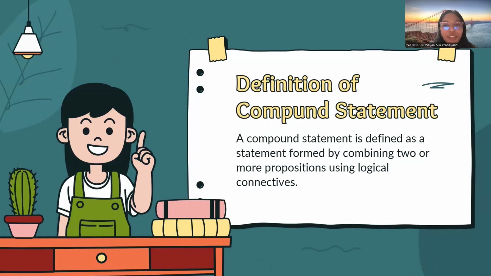The truth value of the compound statement depends on the truth values of the individual propositions and the connective used to join them. We are going to learn about four main logical connectives: conjunction, disjunction, implication, and biconditional. We will look at each one in detail in the next section.